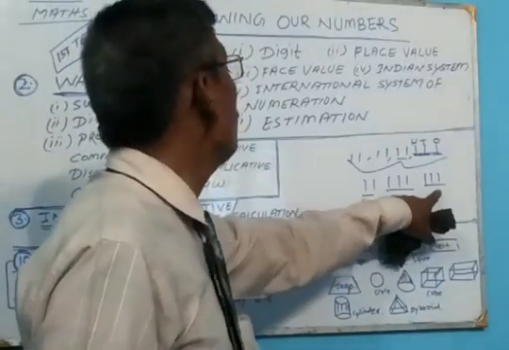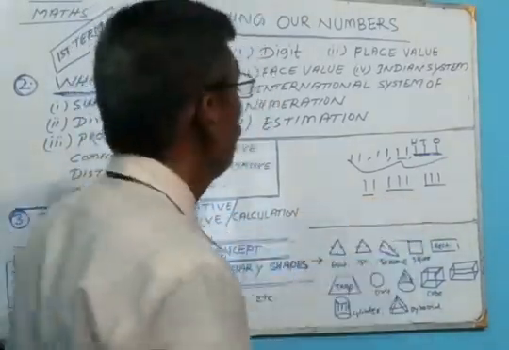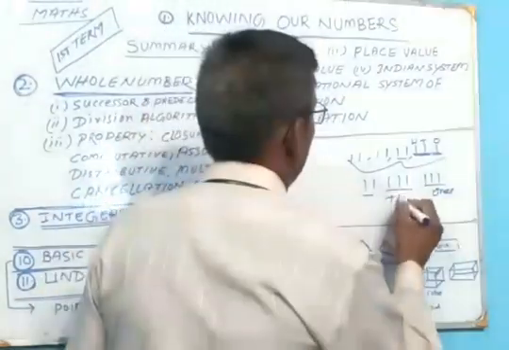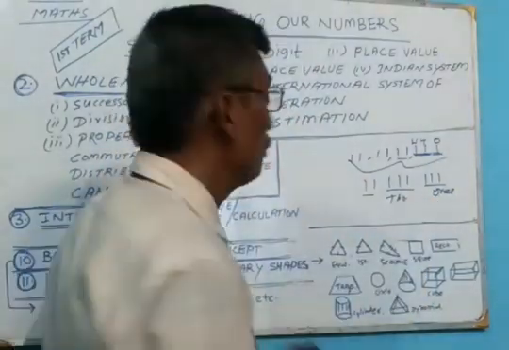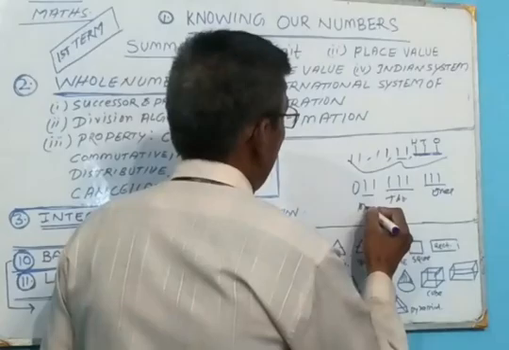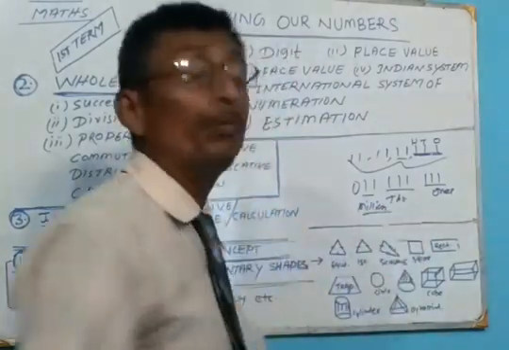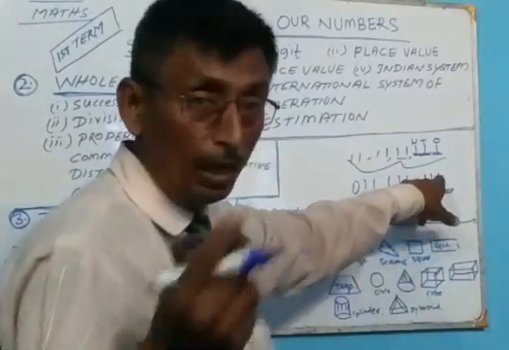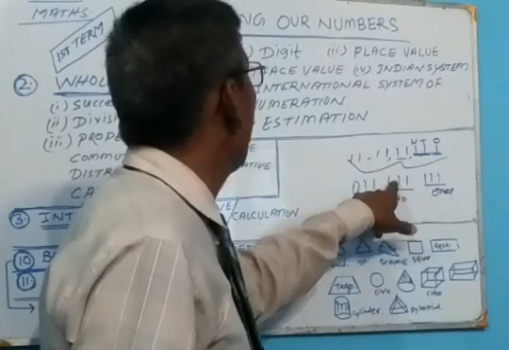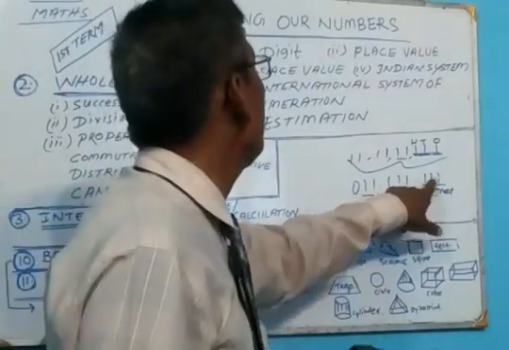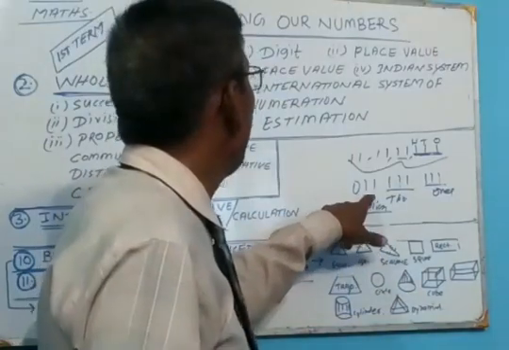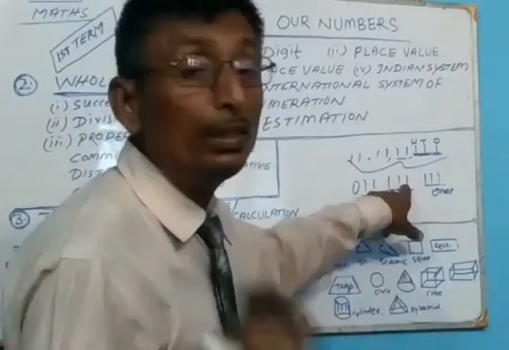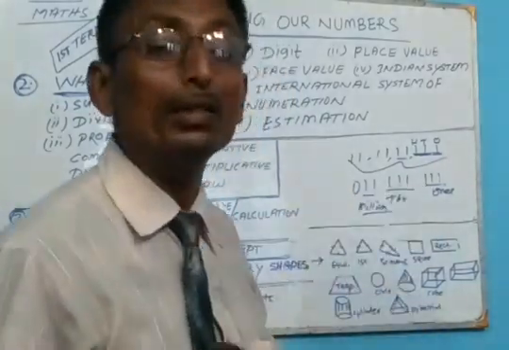We have the set of values after 3 digits: ones, thousands, millions, etc. So we count like this: 111,111,111, 11 million, 111,000 and 111.